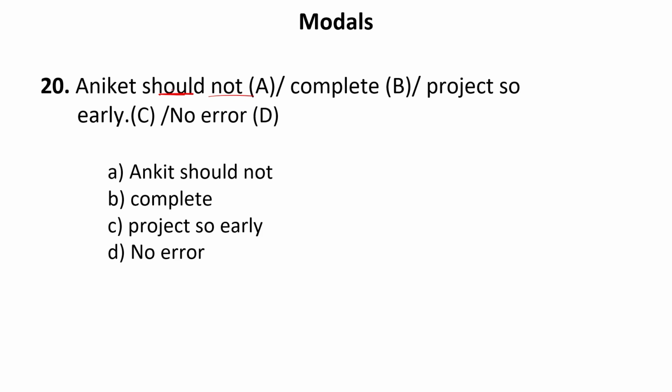Either the word not is incorrect over here, that is, Aniket should complete projects so early, or it shows that he was unable to complete the project on time. So here should can be replaced with could. Now this is the correct modal that can be used over here to rectify the sentence. The rectified sentence can be Aniket could not complete project so early because he was unable to do so. So our answer is A. A part contains the error.